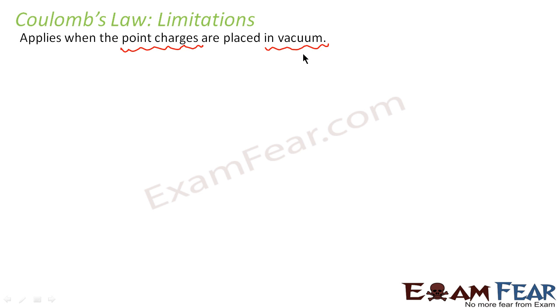Now you might think, what will happen if it is not placed in vacuum? We will discuss those scenarios as we go into the next lesson. There are certain things which I am postponing for the next lesson. I will remember them and won't skip them when I teach you the next lesson. So for now, this is all about Coulomb's law.